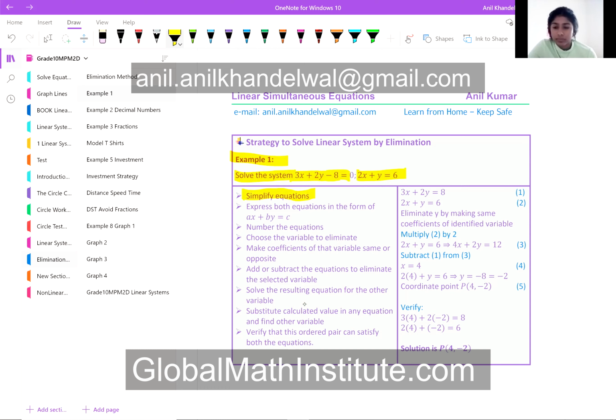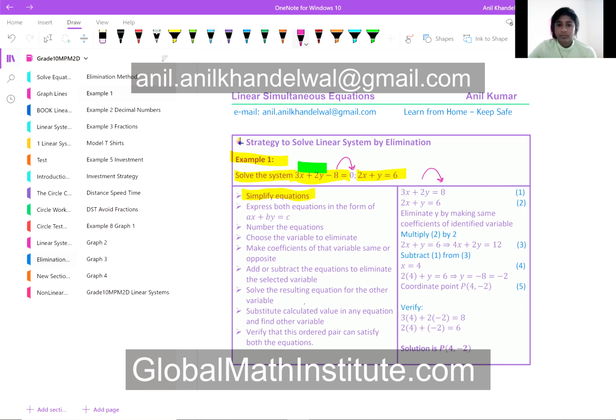Now, in our case, the equations are already given in a good form to work with, except for the very first equation, which is 3x plus 2y minus 8. It is a standard form, but when we work with equations, it is good to take this number on the other side. So we moved 8 to the right side and rewrote our equation. So here we have 3x plus 2y equals 8.